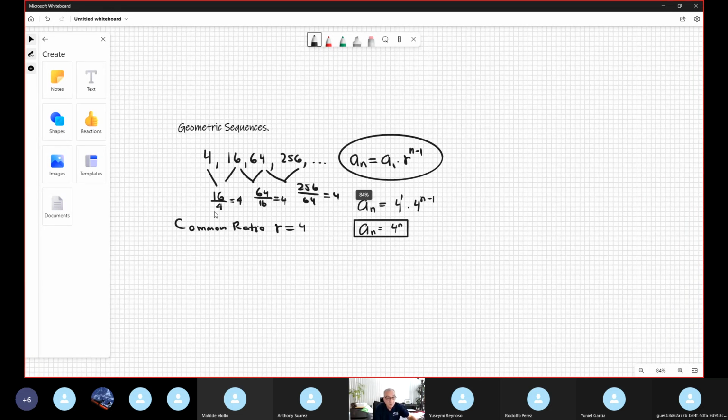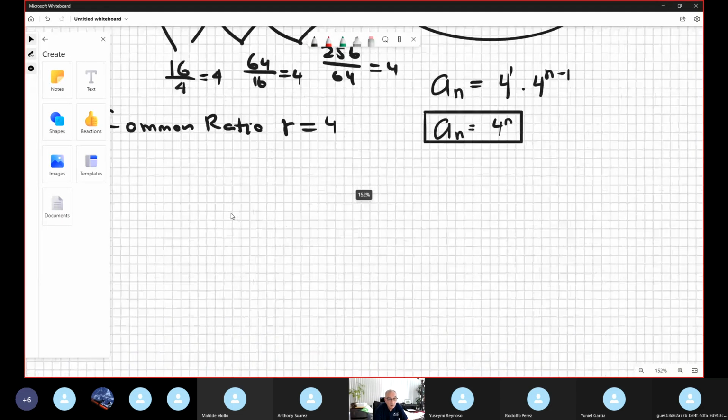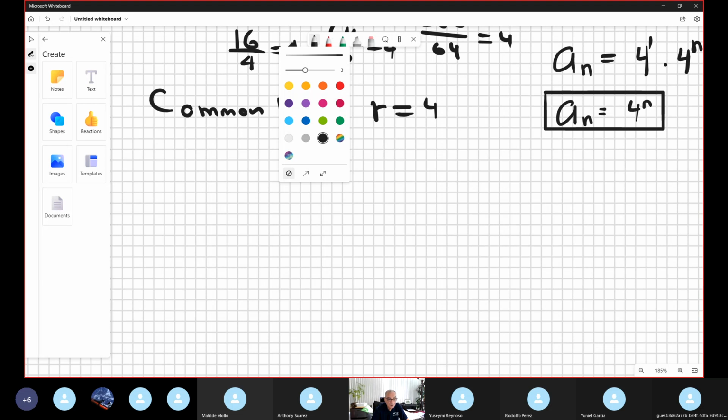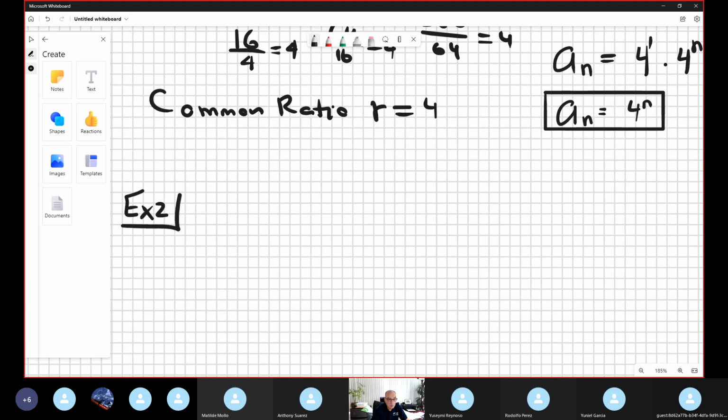Okay, suppose this example 2: 10, 9, 81 over 10, 729 over 100, and so on. The job is to determine if it's a geometric sequence, yes or no, and what the common ratio is.